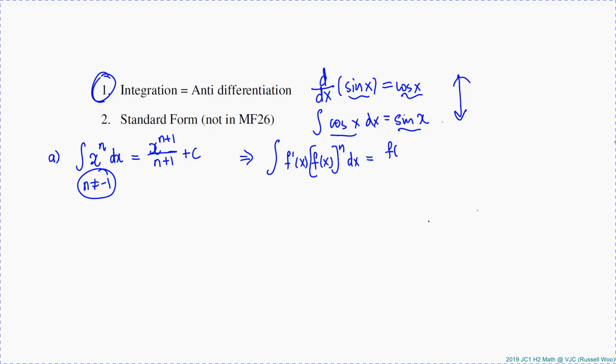We get fx to the power n plus 1 over n plus 1. I think this is not difficult to understand as long as you know that if you differentiate the right hand side, you will get your left hand side. The f prime x is because of the chain rule.